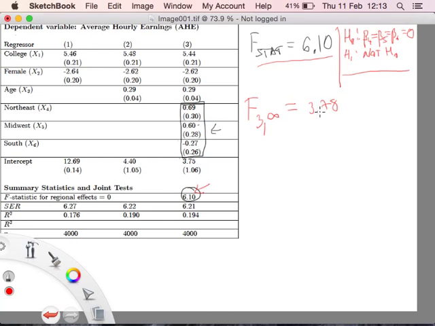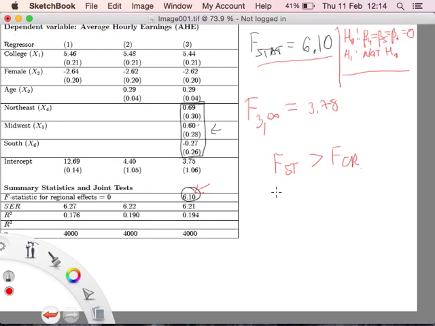Now, as usual, there's a rule of thumb. You compare f stat with f critical, and in this case, f stat is greater than f critical. What is the decision? Reject or accept null? If your f stat is greater than f critical, what is the decision?